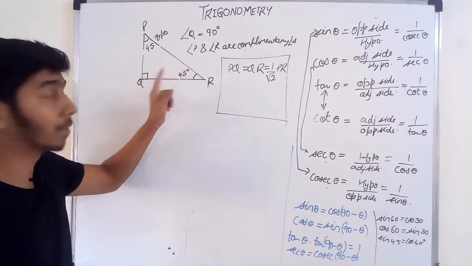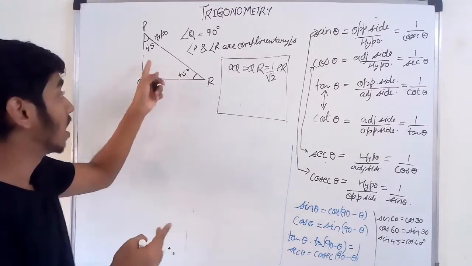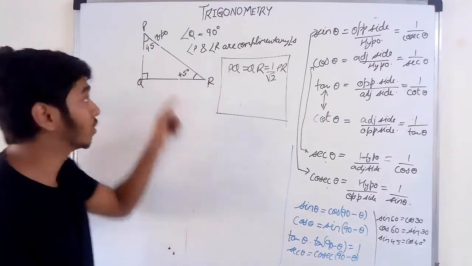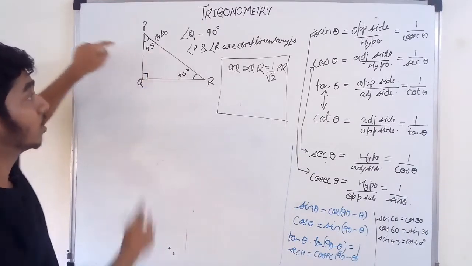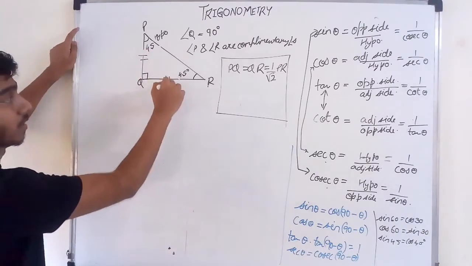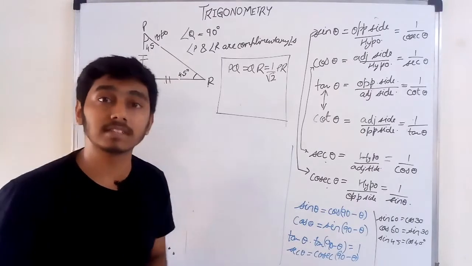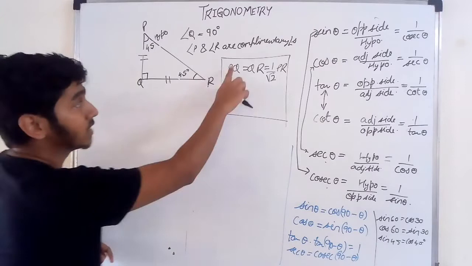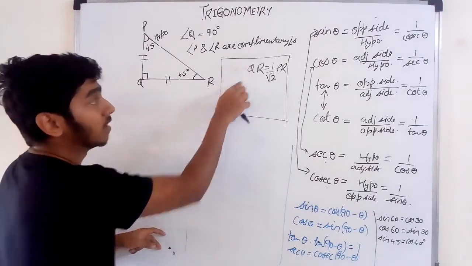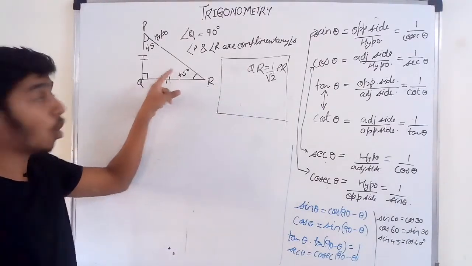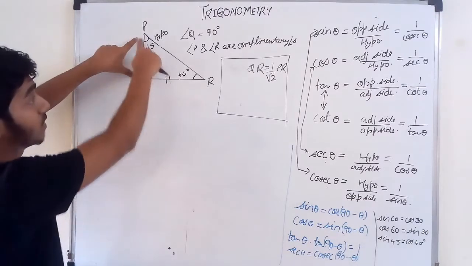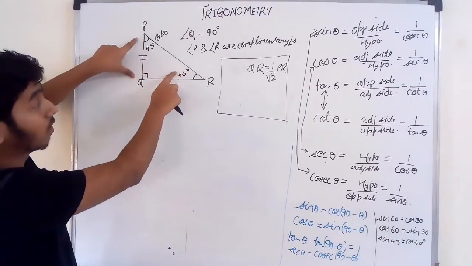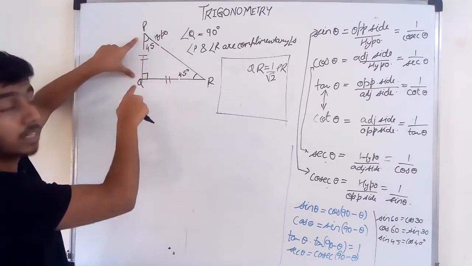Why? Because if you remember the isosceles triangle theorem, if the angles are congruent, you know that the sides are also congruent. Yes or no? That's what the isosceles triangle theorem says. But even leaving that, you can see the theorem says the side opposite to 45 degree. This is 45, and opposite to this is PQ.